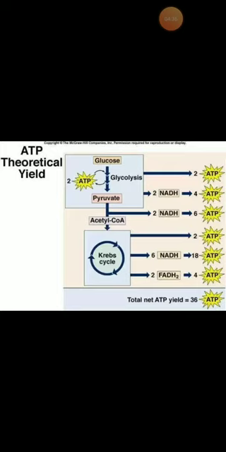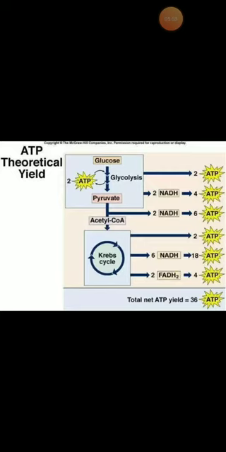Next is the oxidative decarboxylation of pyruvate to acetyl coenzyme A, in which 2 NADH were produced, and those 2 NADH will produce 6 ATP molecules. From the Krebs cycle we get directly 2 ATP molecules. From the Krebs cycle we also get 6 molecules of NADH, that means 18 molecules of ATP.